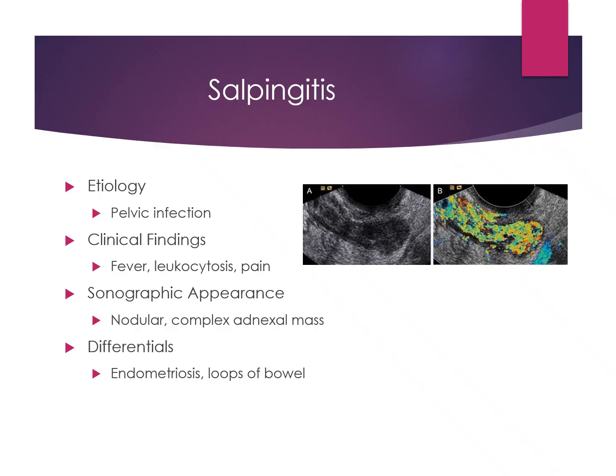And even going a step further in the infection realm, we have salpingitis, which is inflammation inside of the salpinx or the fallopian tubes. And we're going to have that fever. We're going to have leukocytosis, which is increased white blood cell, and some pain. Anytime there's infection, those three things kind of stick together: fever, white blood cells, and pain.